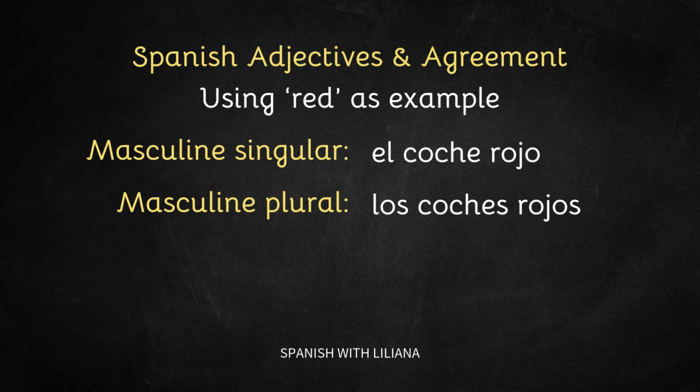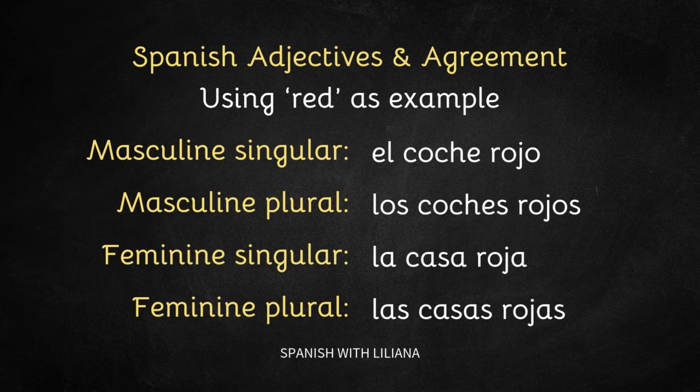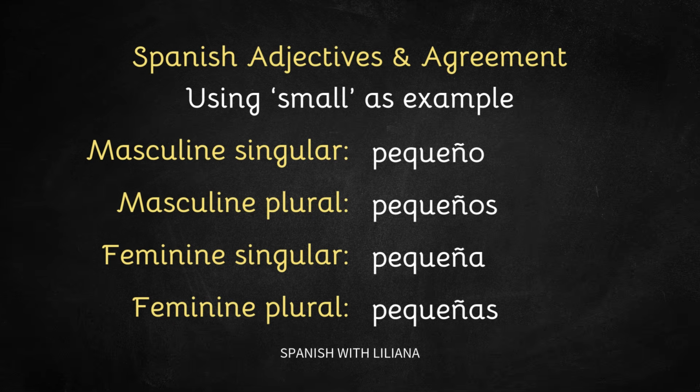If we want to say the red house, rojo becomes roja. La casa roja. If we want to turn that into plural, the red houses, then the sentence becomes las casas rojas. The same thing happens with pequeña, small. We could say pequeño, pequeñas, pequeños.